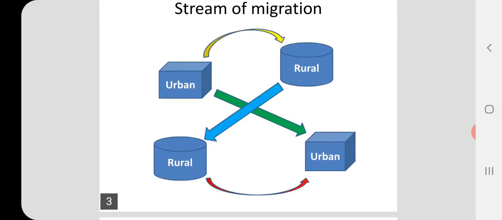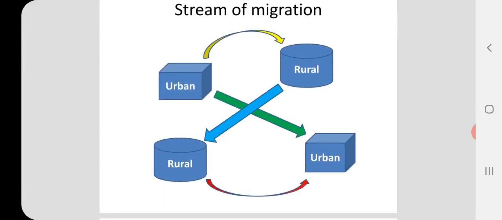Next, stream of migration. What is the stream of migration? Stream of migration means the flow of migrants from one place to another. The direction of flow is called the stream of migration. There are two types of areas in our country, rural area and urban area.